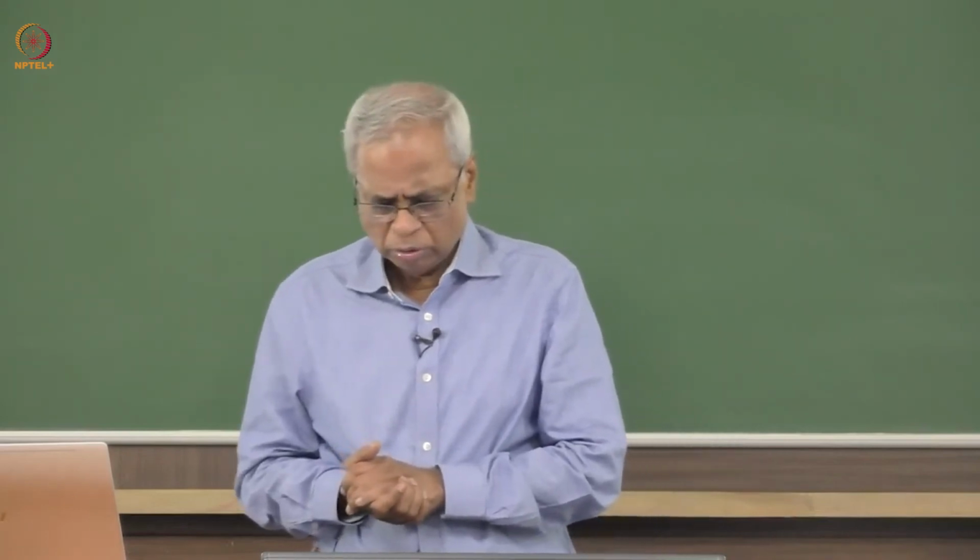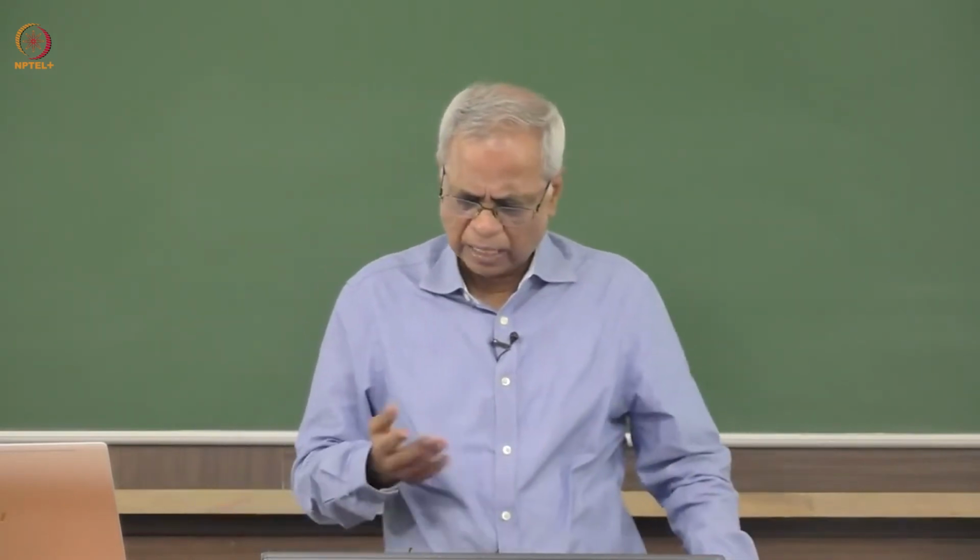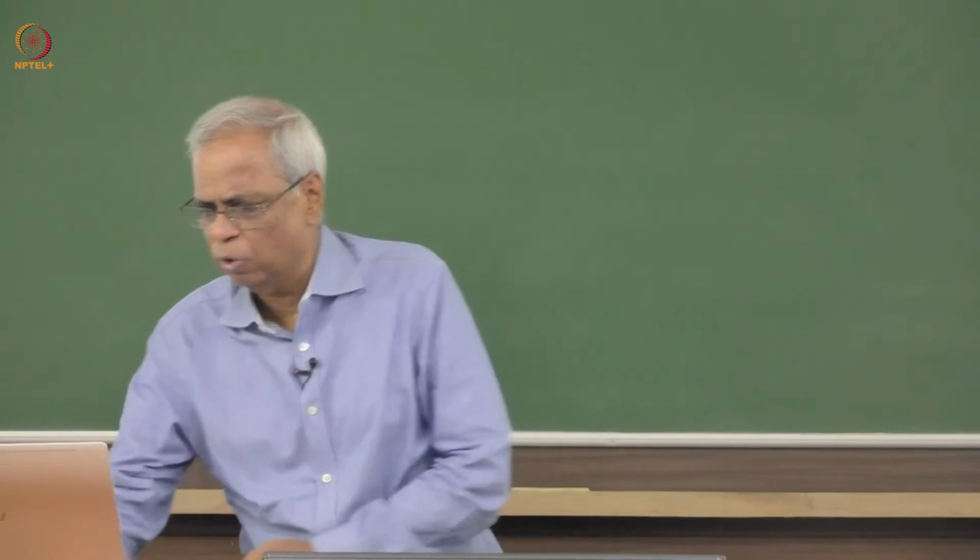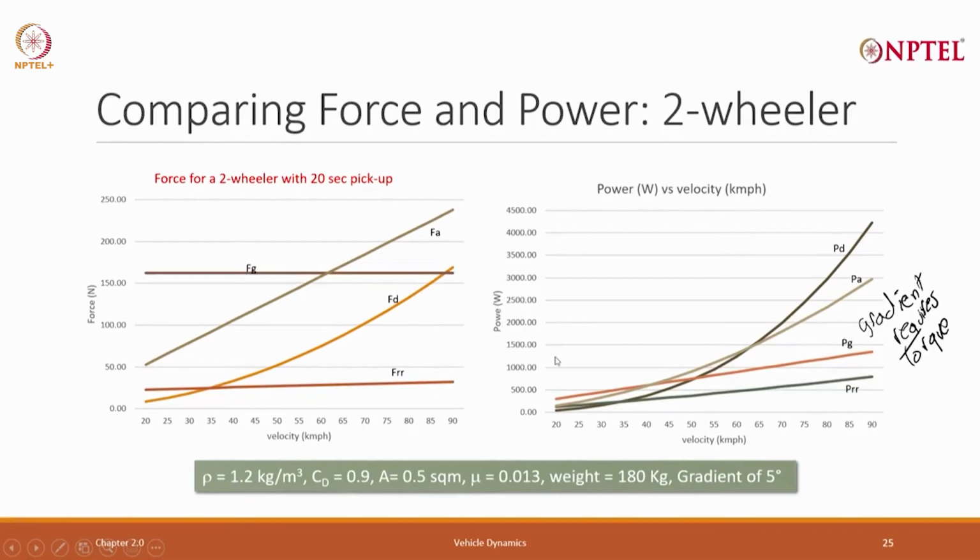For speeds below 25 kilometer per hour, I have said 500 watts. If I look at speeds below 25 kilometer per hour, and let us assume there is no gradient, the acceleration force is approximately 300, and the drag and rolling resistance are even smaller.